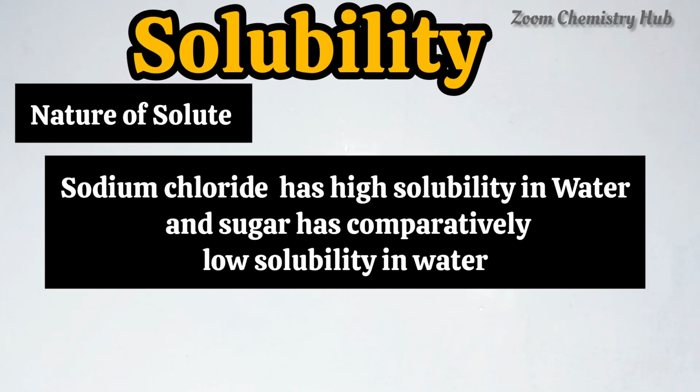For example, sodium chloride has high solubility in water and sugar has comparatively low solubility in water. Here you can see that the solvent is the same but the solutes are different. So different solutes have different solubilities in the same solvent.